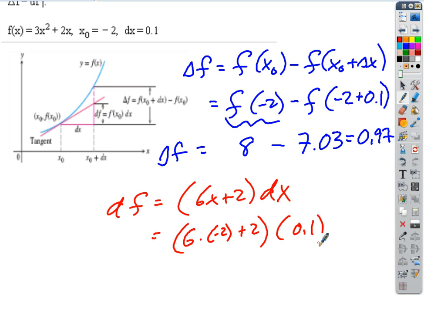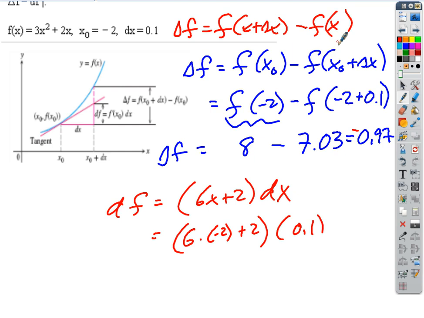Oh yeah, I did that backwards, didn't I? I wanted to do this minus that. We want the opposite, right? Everybody see that? Delta f should have been that number minus that number. I'm sorry about that.